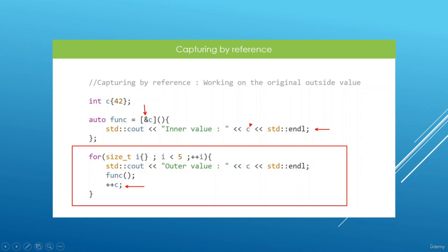What we have inside our Lambda function is a true reference to the outside variable. Now the outside and the inside are going to be incrementing together, and we're going to have 42, 43, 44, and things like that printed out on the console.